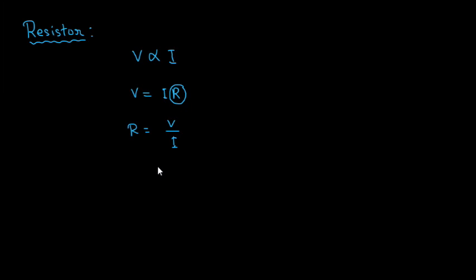The SI unit of resistance is ohm. 1 ohm is equal to 1 volt upon ampere.